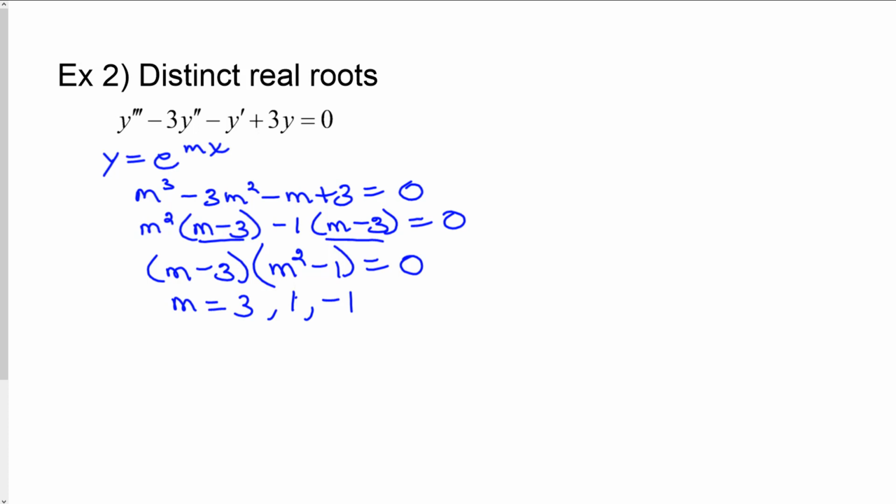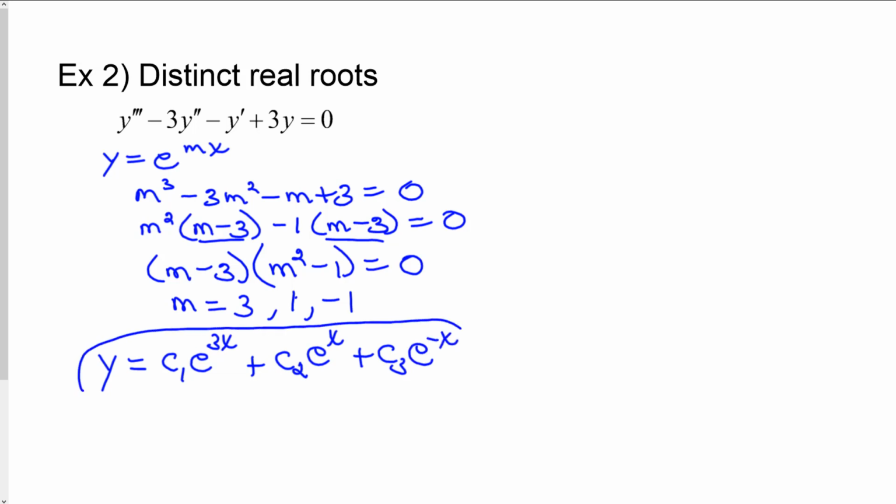So we're going to have three linearly independent solutions, and the general solution will simply be y equals c sub 1 times e to the 3x plus c sub 2 e to the 1x plus c sub 3 times e to the -x. Okay, so that is the solution to the differential equation.